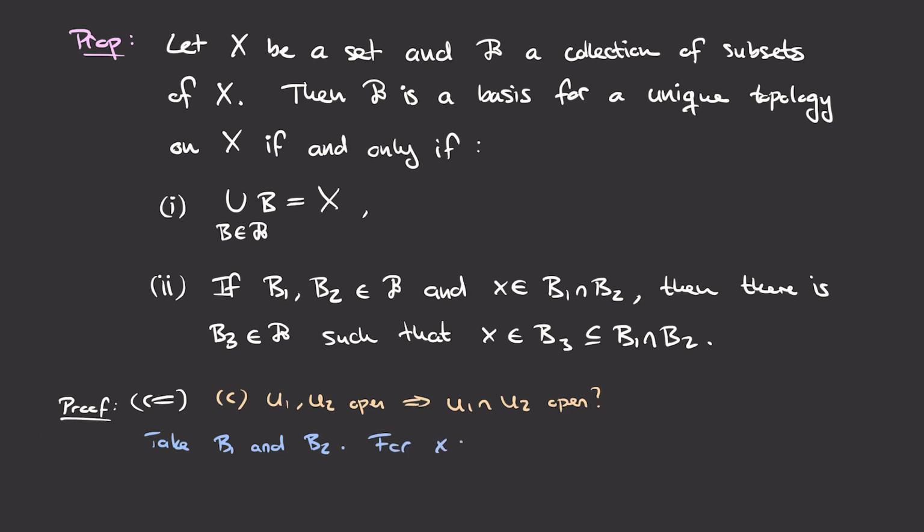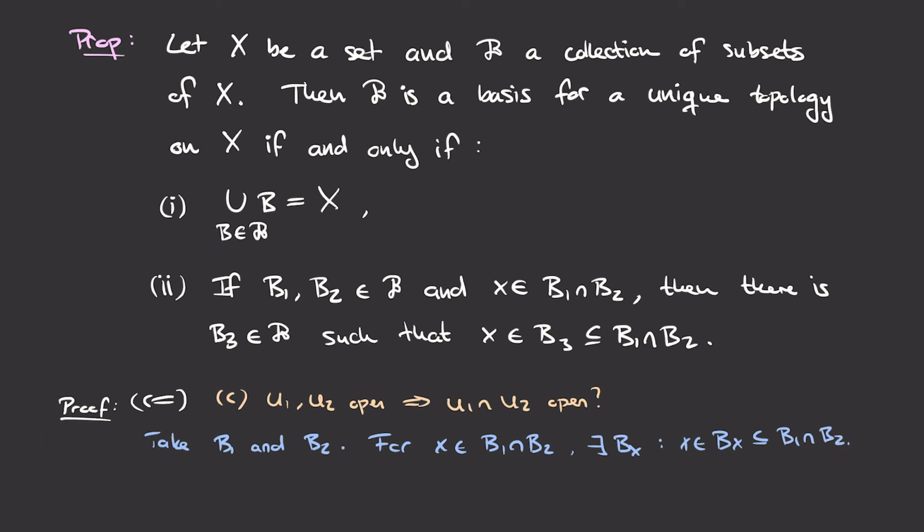So for some point x in their intersection, we know that there's going to exist, by condition 2, some B_x such that x is contained in B_x, and also B_x is going to be a subset of the intersection.